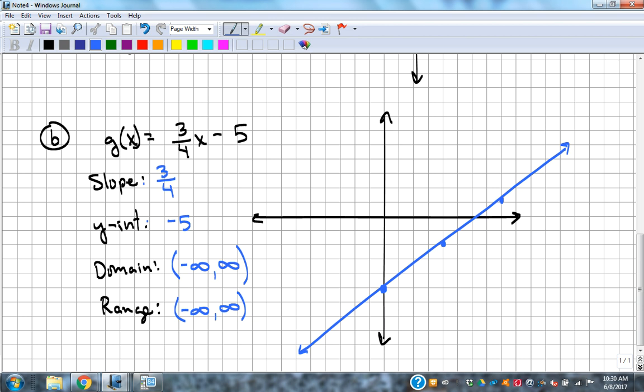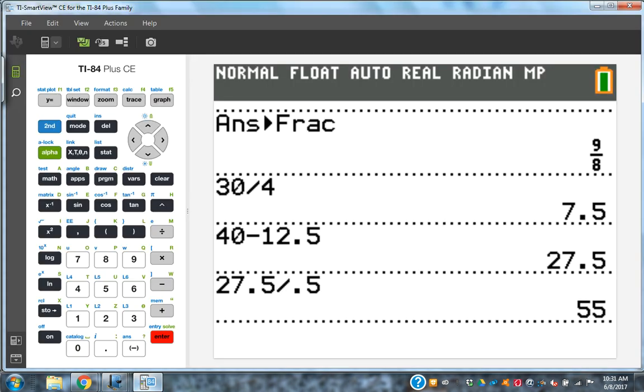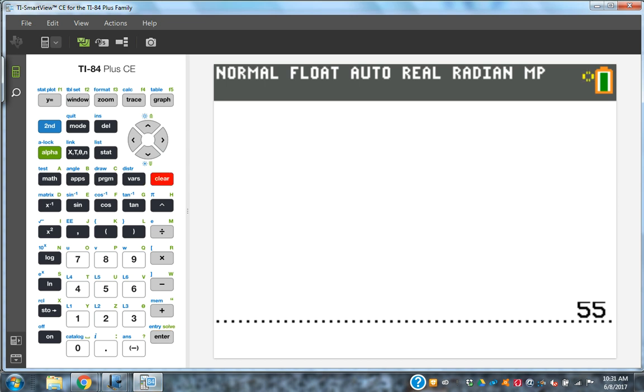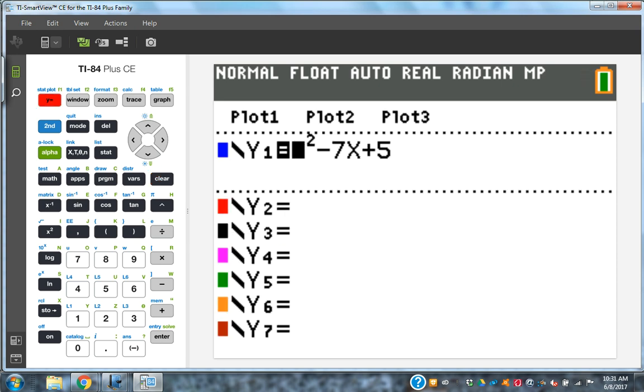Now, I want to make sure that I drew that correctly, so I'm going to graph that on my graphing calculator. The way that you graph lines on your graphing calculator, press the y equals button, which is up here in the top left. I've already got an equation in there, so I'm going to clear that out. And you just type in the equation. I want 3/4 x, so I'm going to go 3 divided by 4 x.